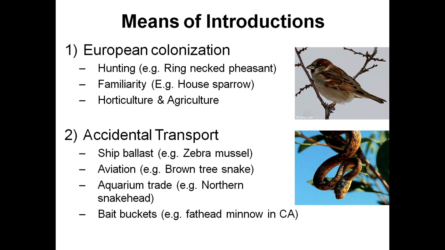Northern snakehead is a popular topic in Virginia, and people think that it originated from accidental introductions through the aquarium trade. And also sometimes people introduce crayfish and minnows as bait bucket introductions.